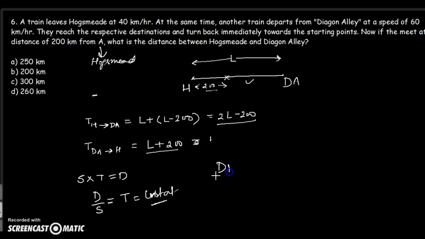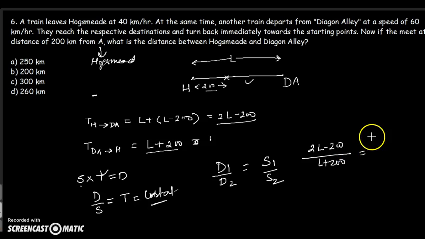So distance ratio will be same as speed ratio. Essentially, if the time is constant, speed ratio will be same as the distance ratio. What is the distance ratio? 2L minus 200 : L plus 200.